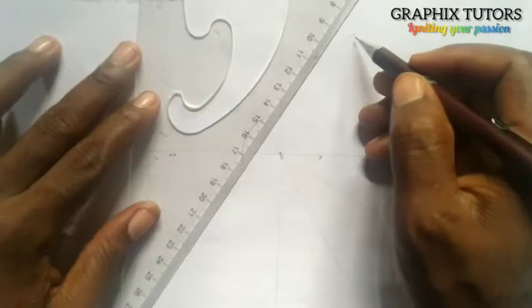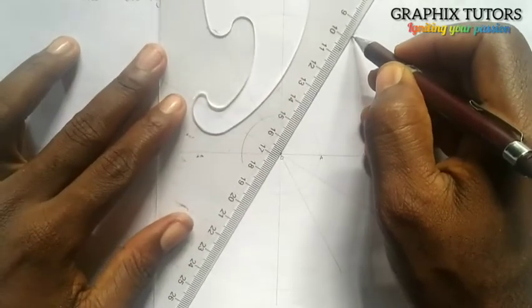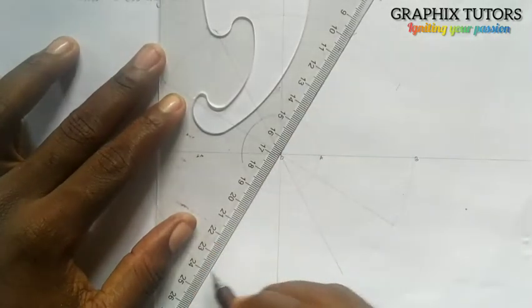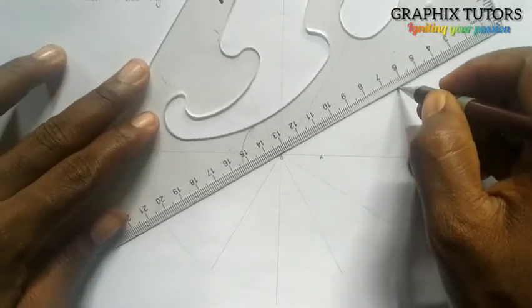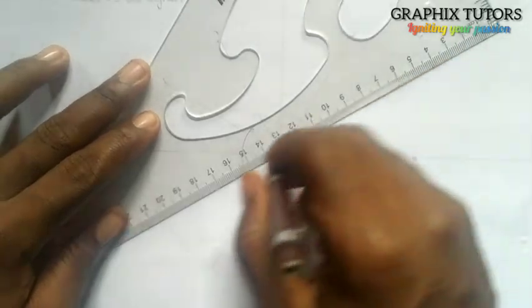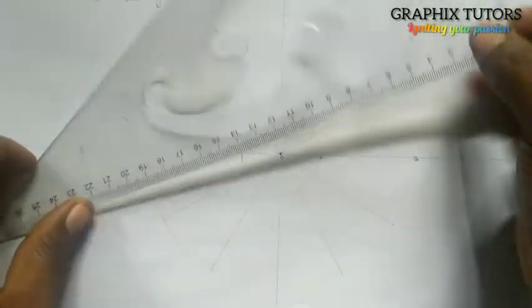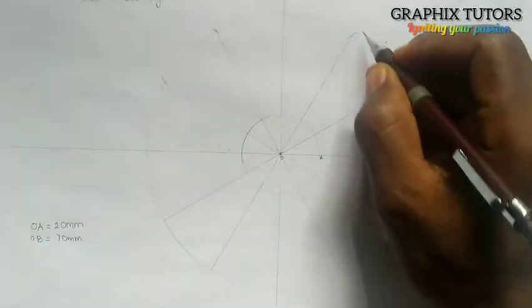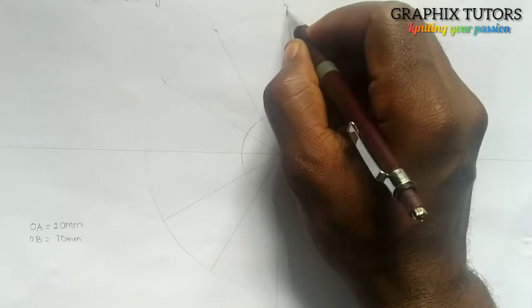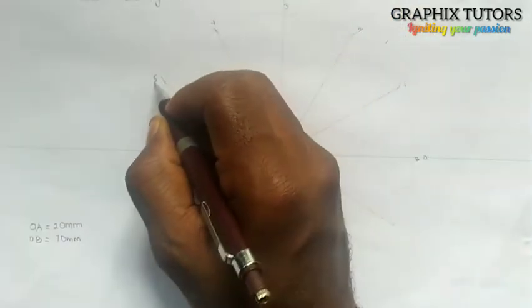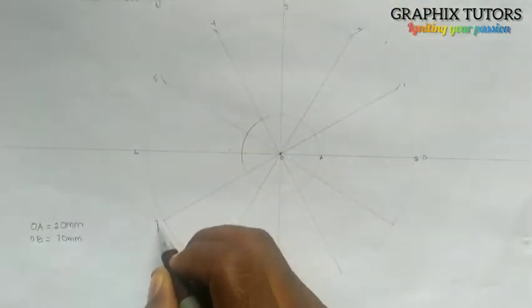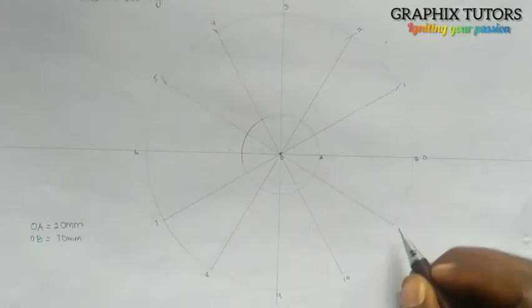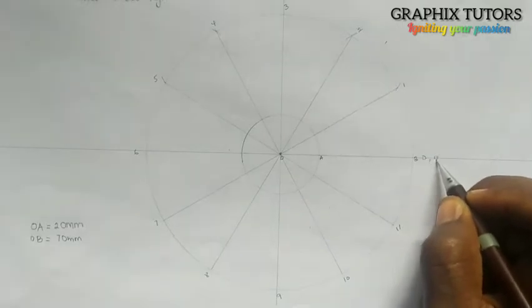Then the next one through the center, I'll stop. From the next one to the center, I'll stop. Now this is what I have. So this will be 0, 1, 2, 3, 4, 5, 6, 7, 8, 9, 10, 11, then 12.